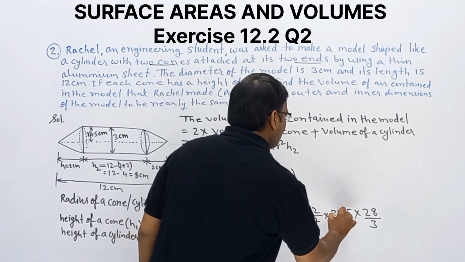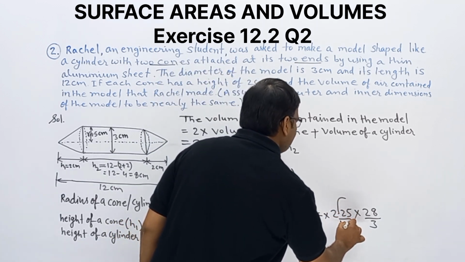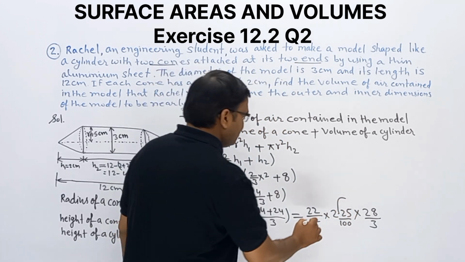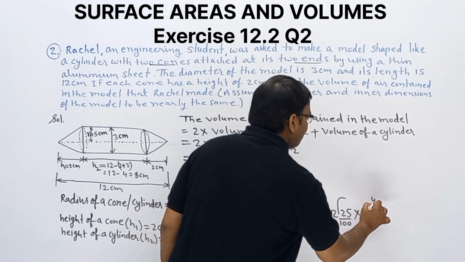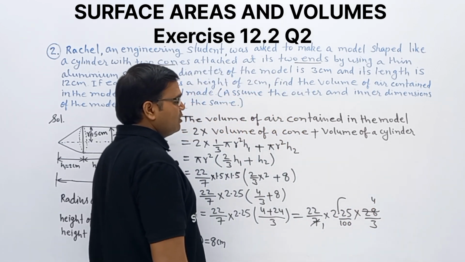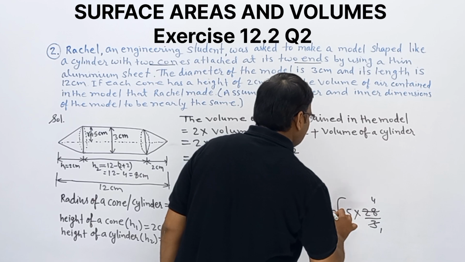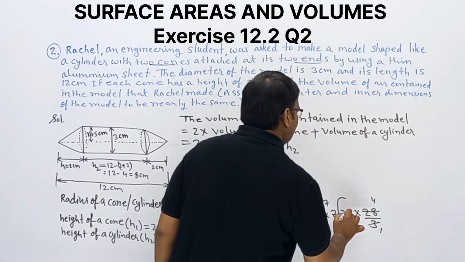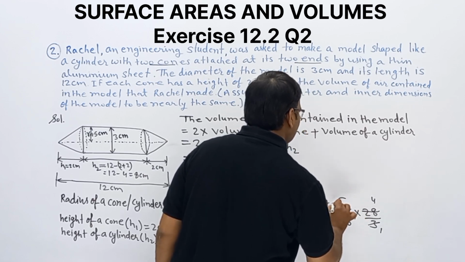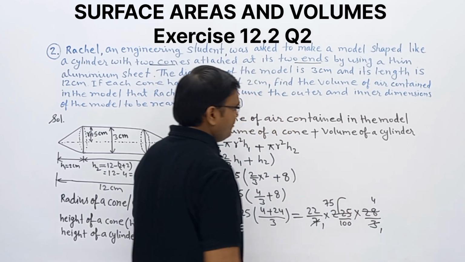Remove this point, then we are getting 100 in the denominator. 7 ones are 7, 7 fours are 28, 3 ones are 3, 3 sevens are 21, 1 remaining, 15, 3 fives are 75.